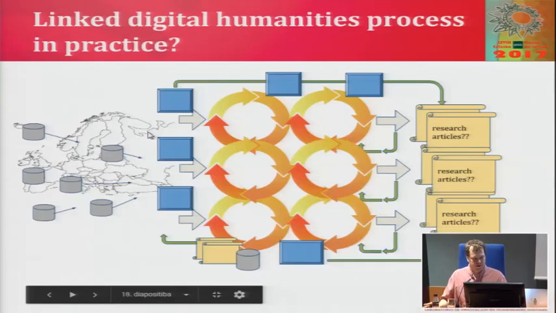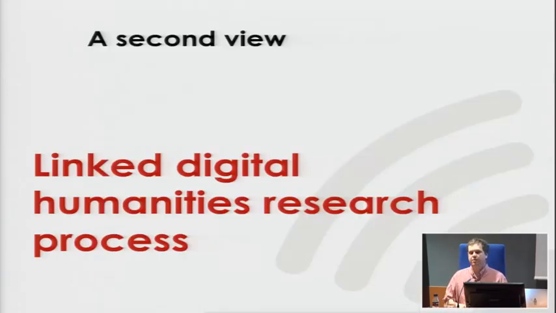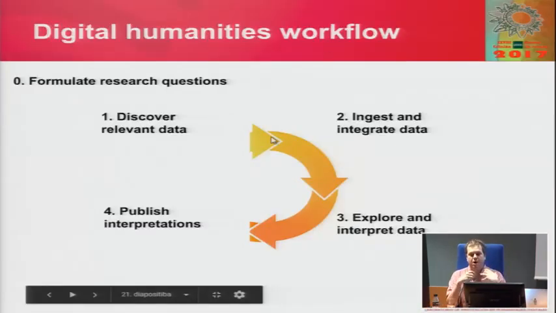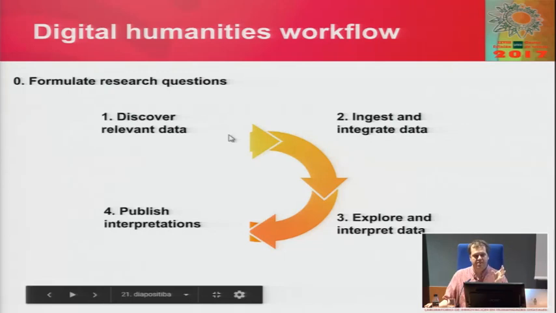So here's the core abstract view of a linked digital humanities research process. I'll show another, slightly separate view of what doing linked digital humanities research enables you to do. Here's the traditional humanities workflow. You discover or create some data that's of interest to you. Particularly with linked data, you ingest and integrate that so that you can then explore and interpret it, and then you publish a monograph or a scientific publication on your results.